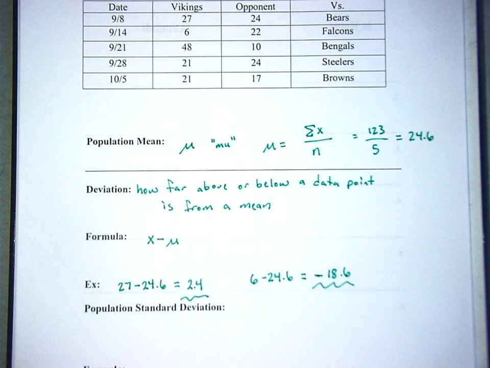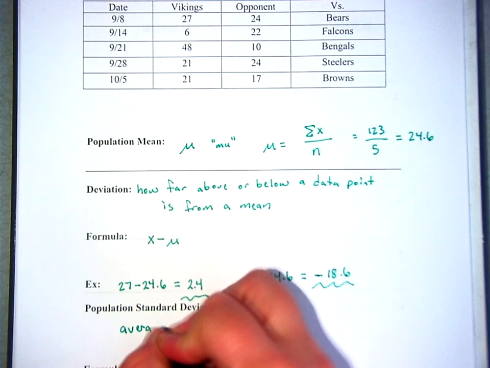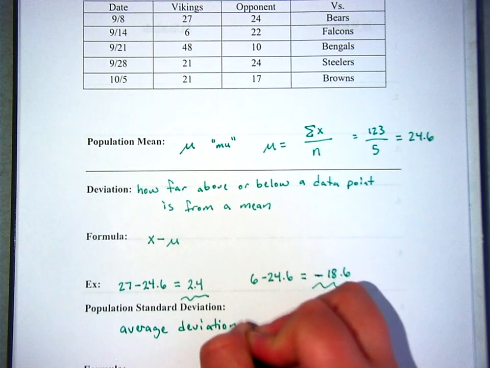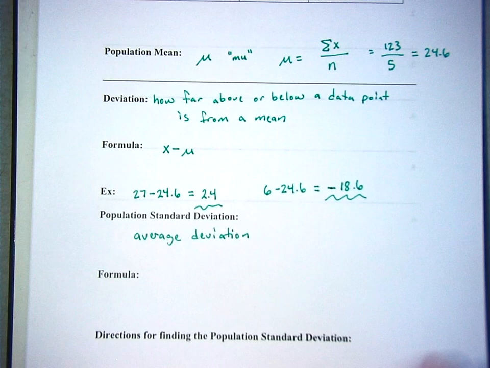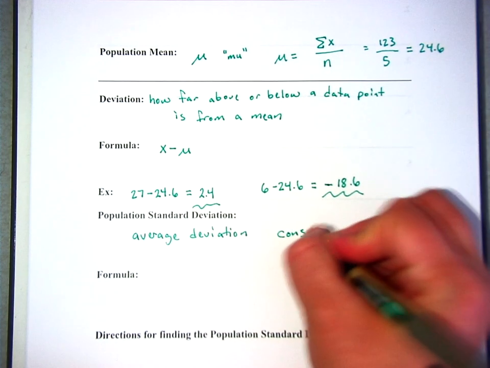A population standard deviation is the average deviation. It's on average how far these data points are deviating from the mean. In other words, it's how consistent you are.